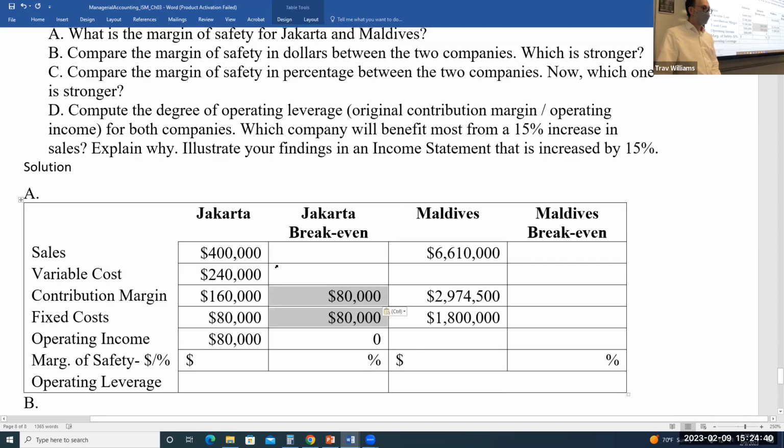So now what we have to do is figure out what are their sales and their variable costs. Well, the easy way to do it is see that contribution margin is half of what it was before, right? Their break even is half of what they actually sold. So we could apply that concept and say, well, their variable cost must also be half, and their sales must also be half.